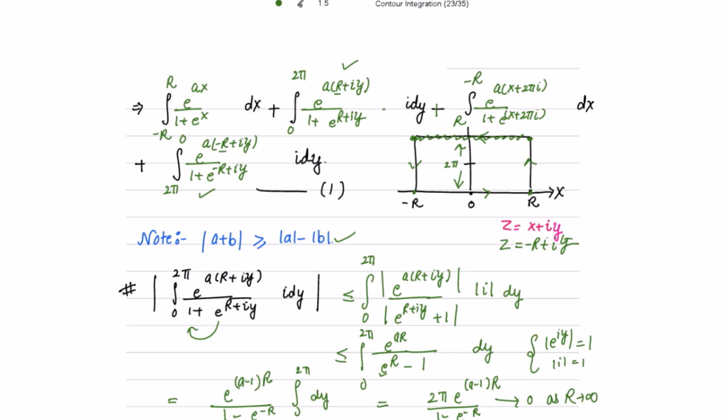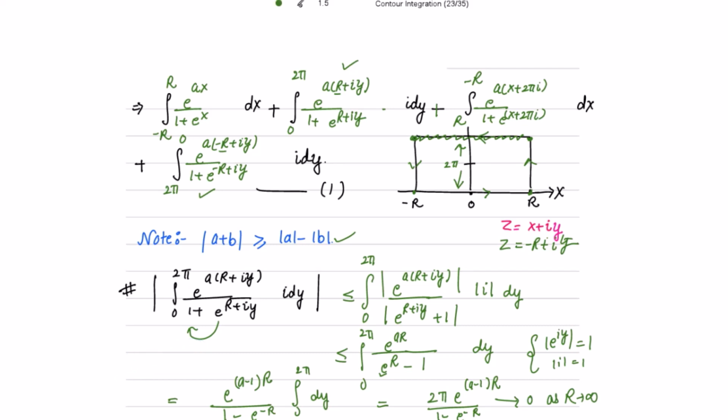What is given to us about a? That a is strictly greater than 0 and strictly less than 1, right? So if I subtract 1, I get negative. A minus 1 is less than 0. So if a minus 1 is negative and r is tending to infinity, the numerator will be tending to 0.